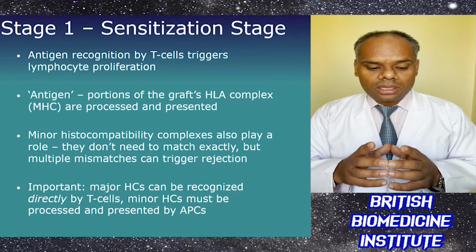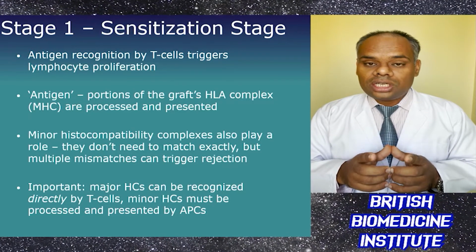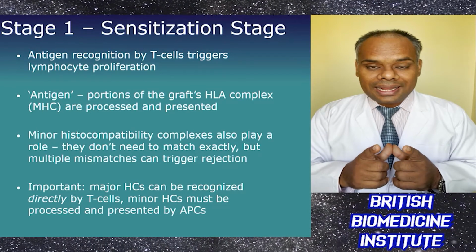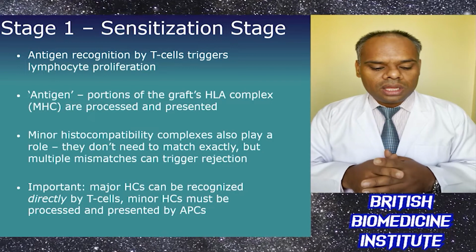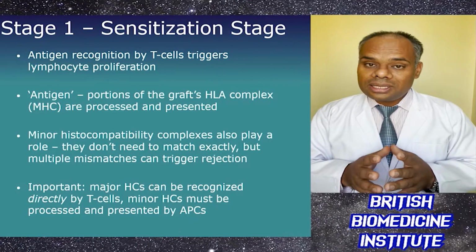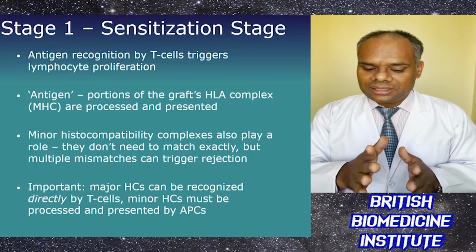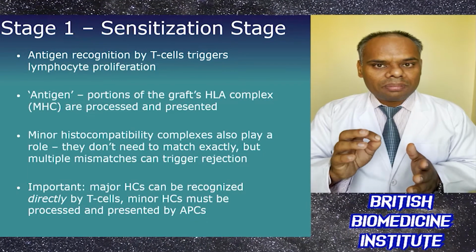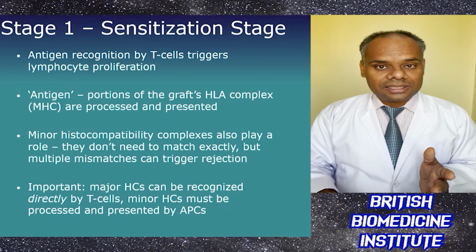Minor histocompatibility complex also plays a role. They do not need to match exactly, but multiple mismatches can trigger rejection. Important here is that the major histocompatibility complex can be recognized directly by the T cells. Minor histocompatibility must be processed and presented by the APC cells.